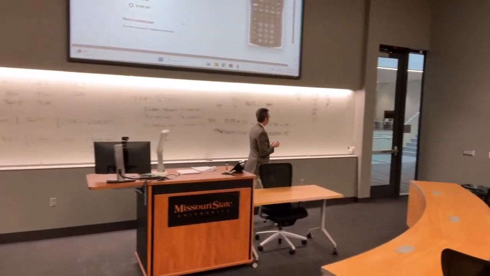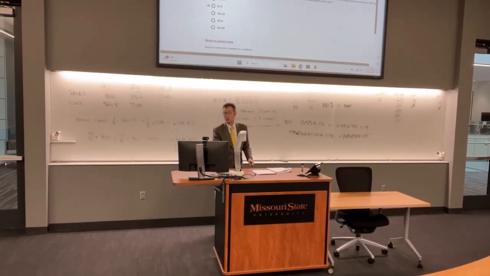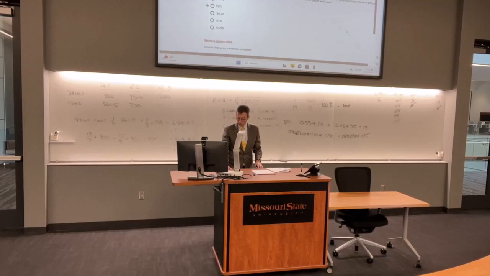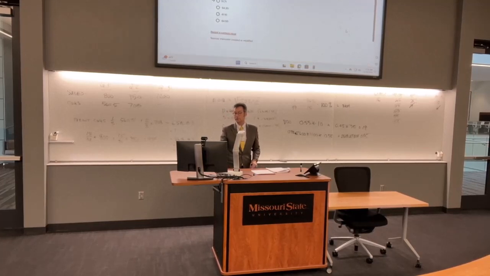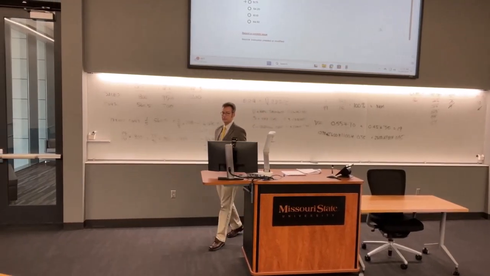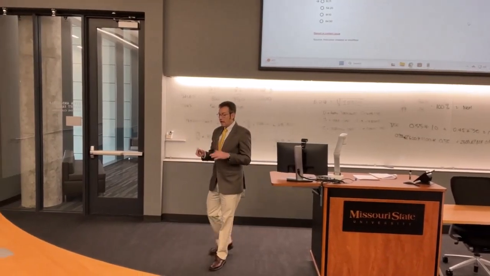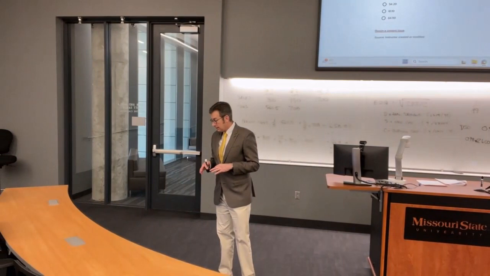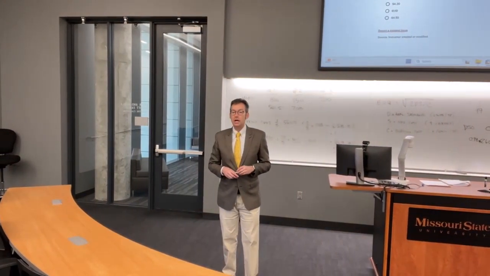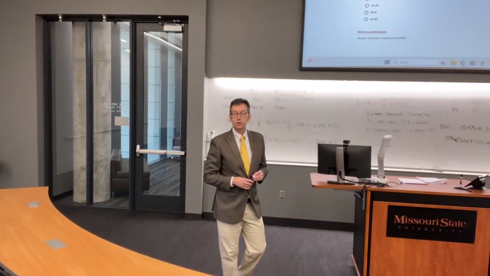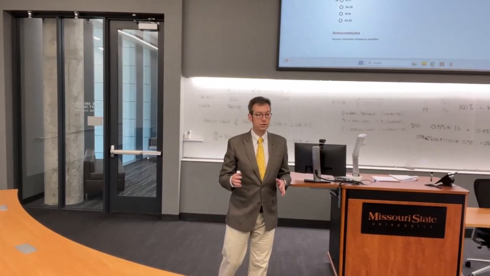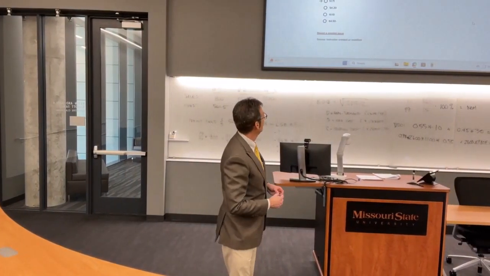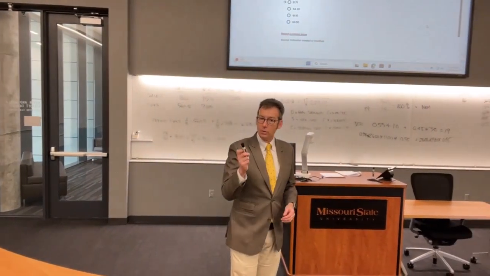Now we need to do number 10. Okay, this one is more a test of your reading ability than of your math ability. Everyone looks at this problem and then they calculate the EOQ, which is totally understandable. But what's the question asking for?